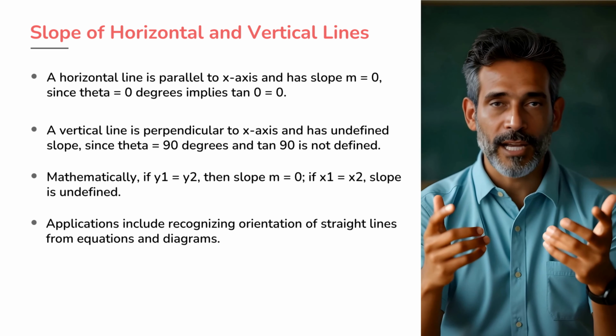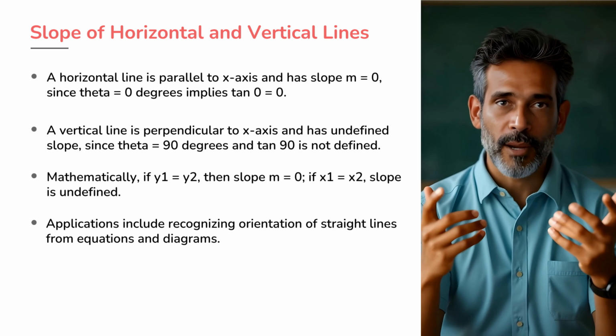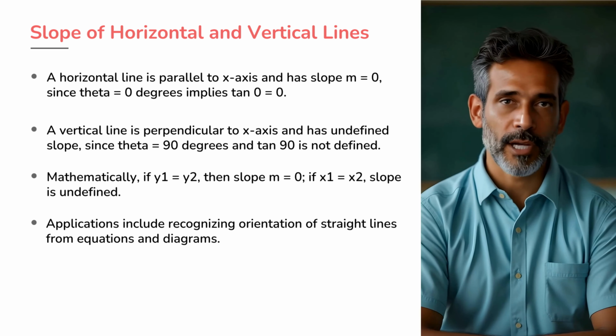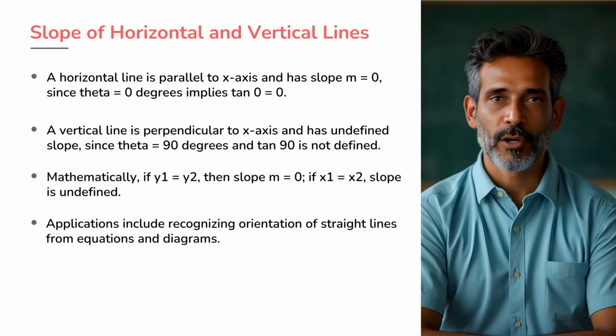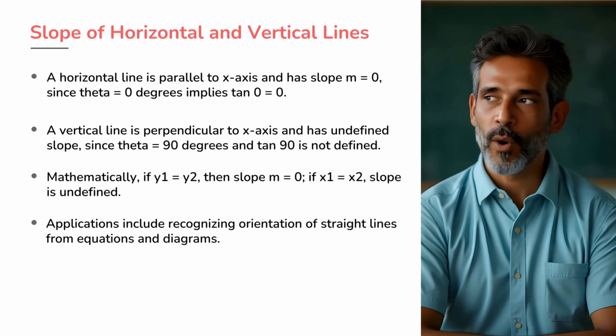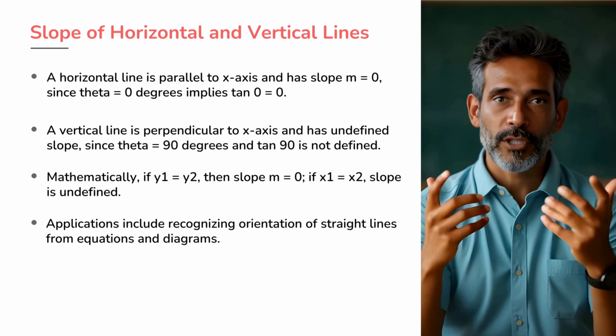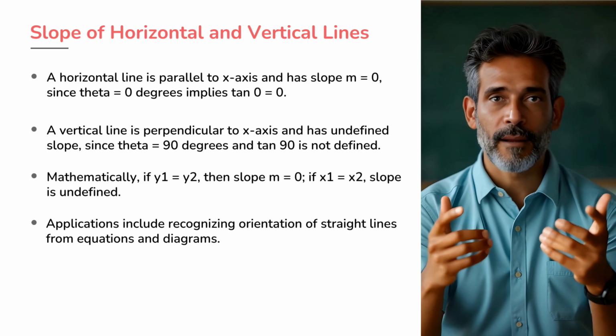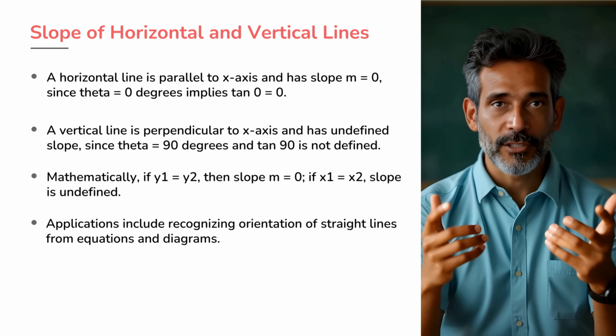But if x1 equals x2, the slope is undefined, vertical. Remember? Recognizing these slopes helps you quickly understand the orientation of lines from their equations or graphs. For example, if you see an equation like y equals 5, it's a horizontal line with slope 0. If you see x equals 3, that's vertical with undefined slope.